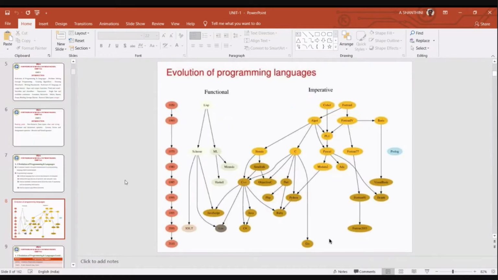Coming to the evolution of programming languages, as you can see in the image, it starts around the 1950s with languages like Lisp, COBOL, Fortran, and after 2010 also there are many languages which have evolved.